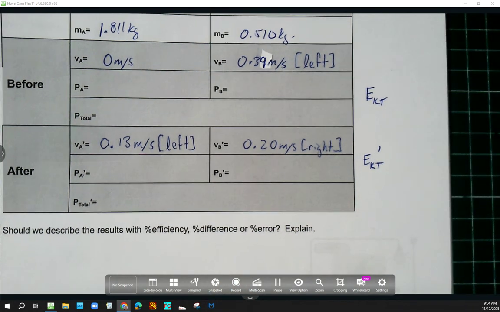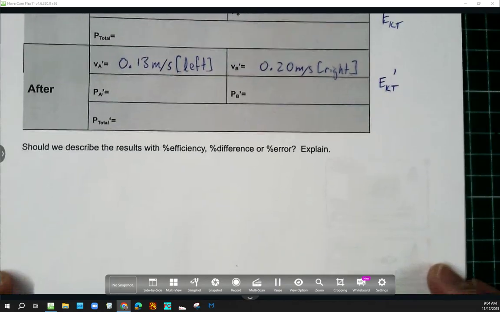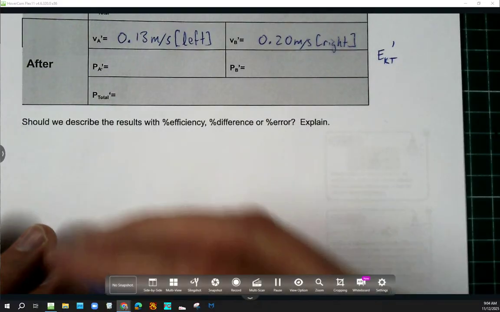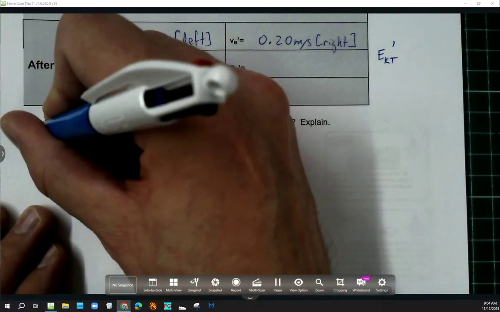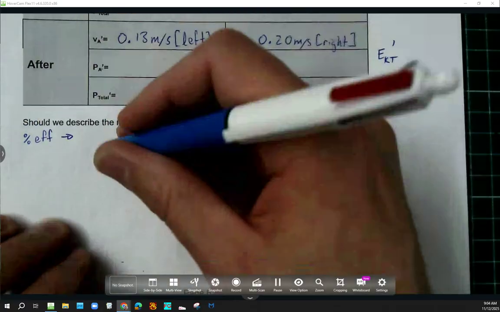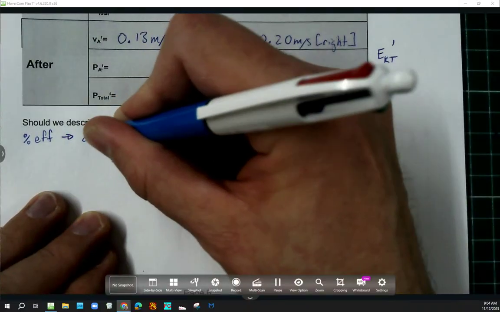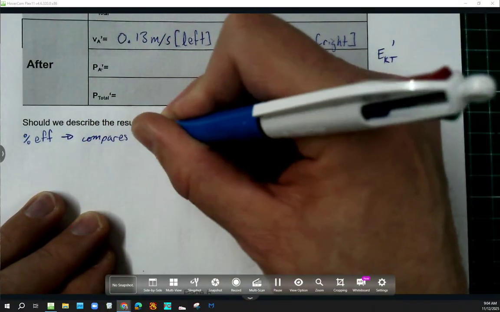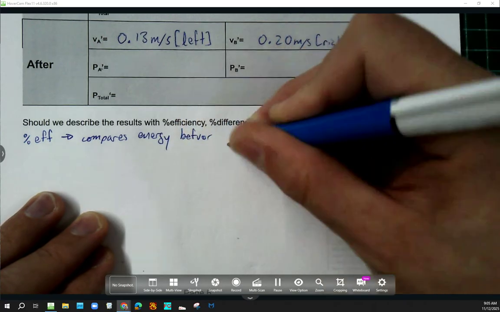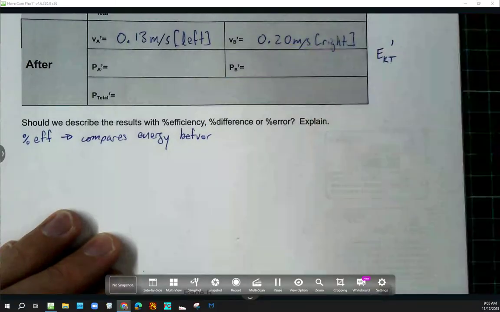And then I'd like you to take a look down here. I want to talk about percent efficiency. How could we analyze this? Well, percent efficiency compares energy before and after. Oops, that's not how you spell before.